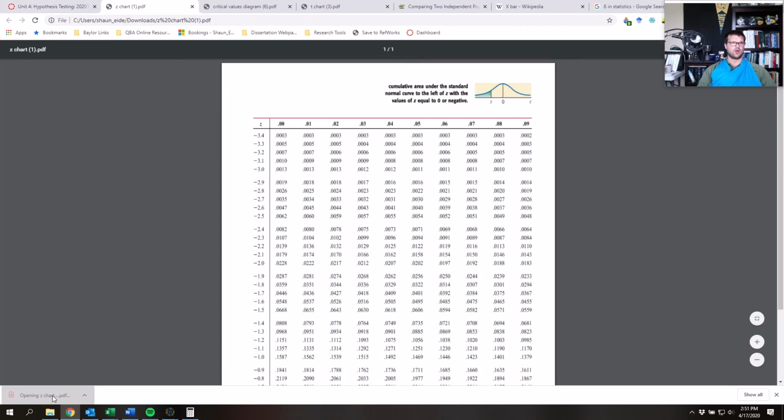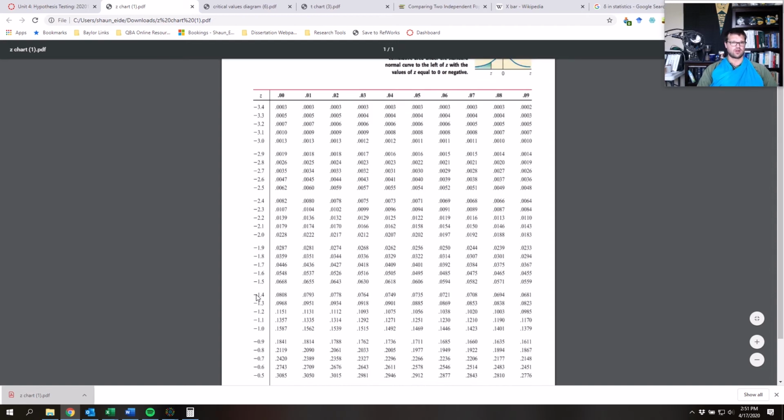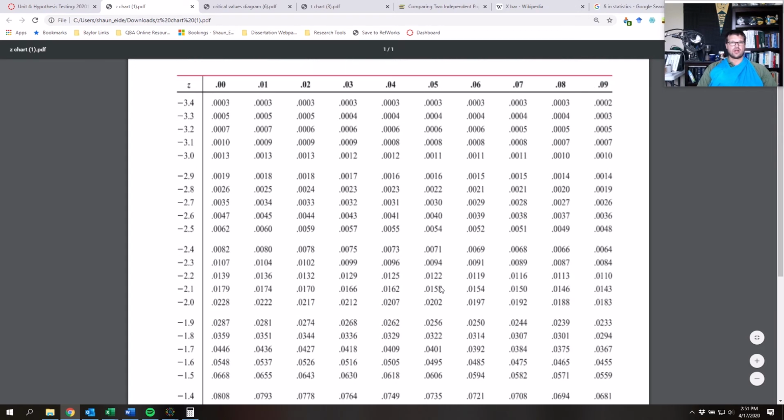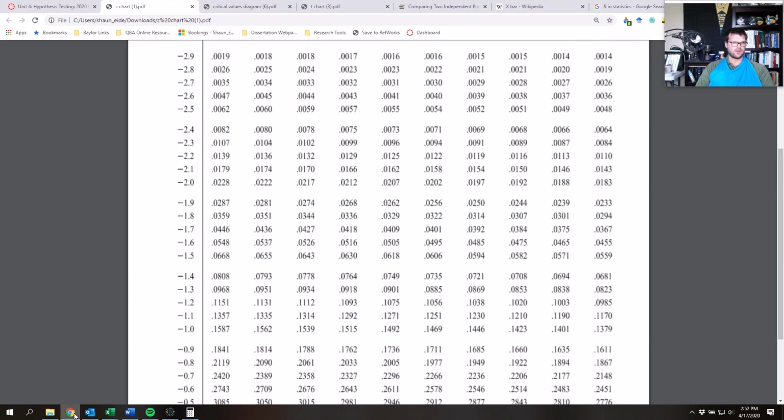We come down here, and it says 1.4, and then count over, and it's going to be 1.455, so it's going to be somewhere in between these two. That gives 0.0735.